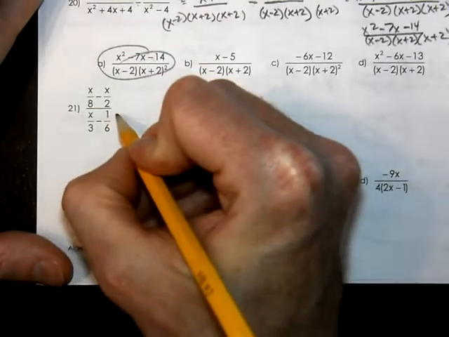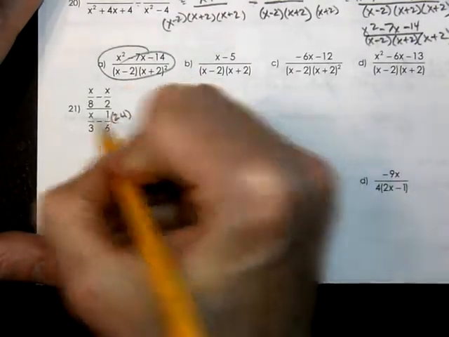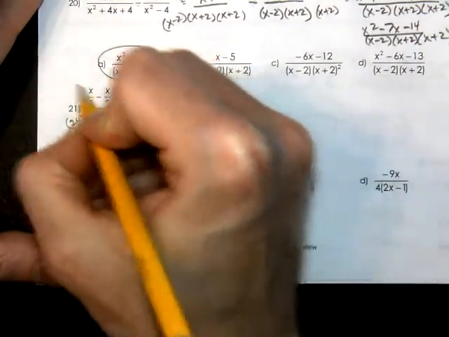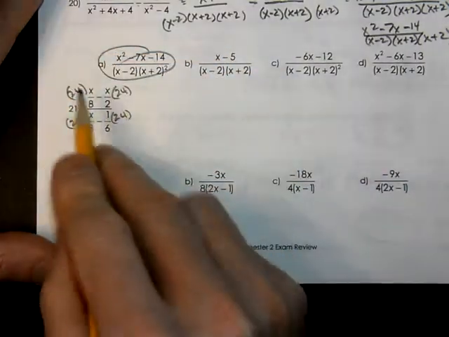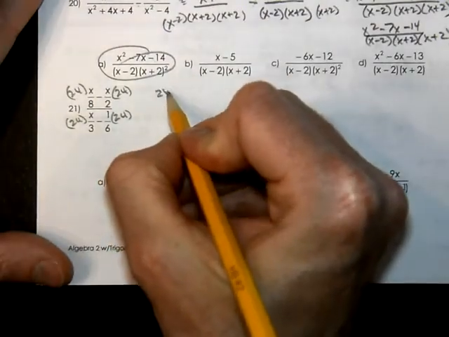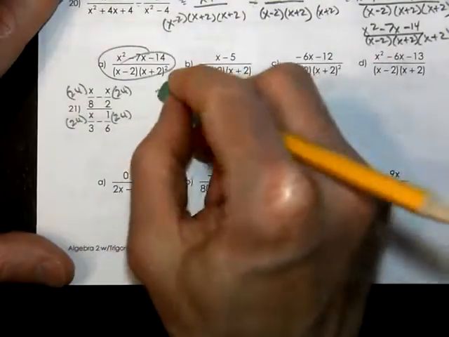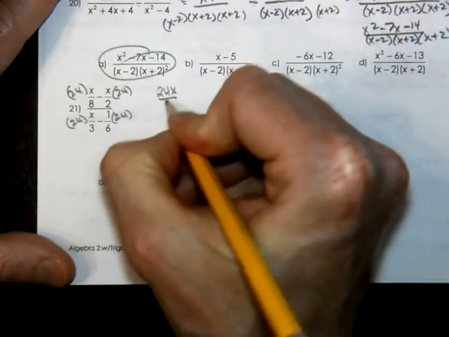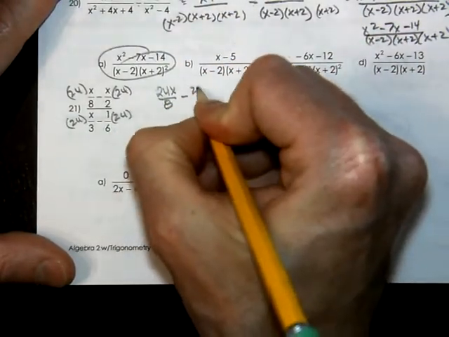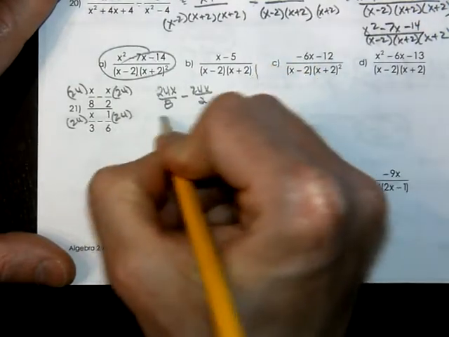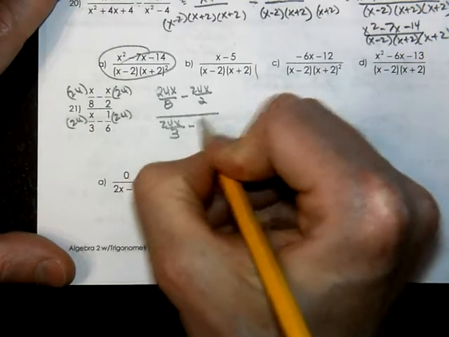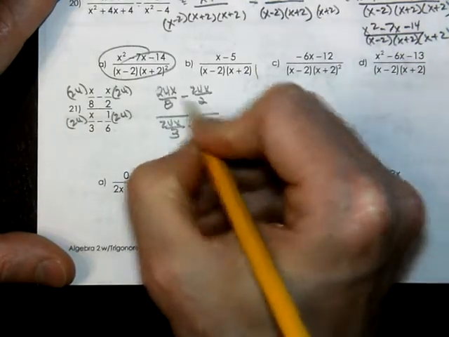So I'm going to multiply this fraction by 24, this fraction by 24, this fraction by 24, this one. When you do that, you only do that to the top part of the fraction. So you have 24x over 8 minus 24x over 2, 24x over 3 minus 24 over 6.